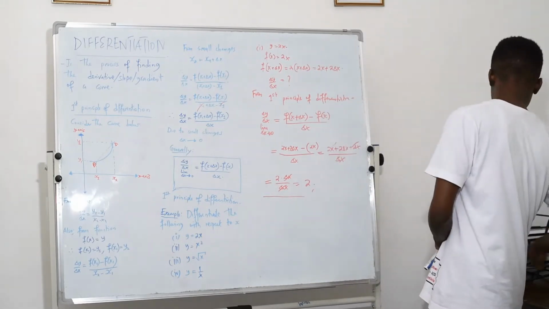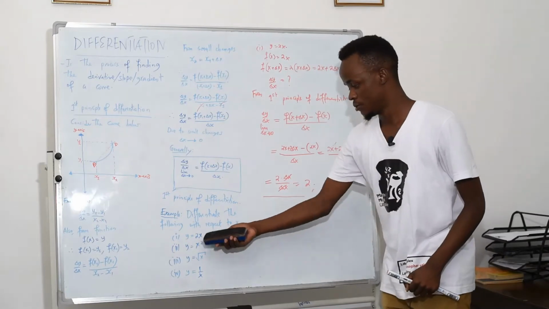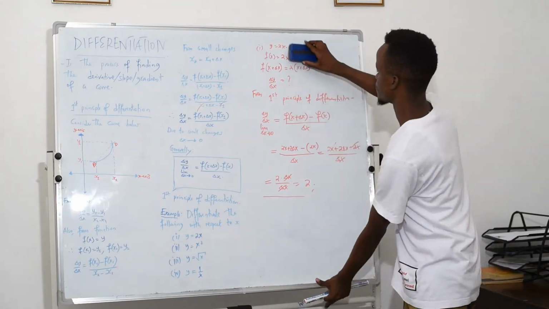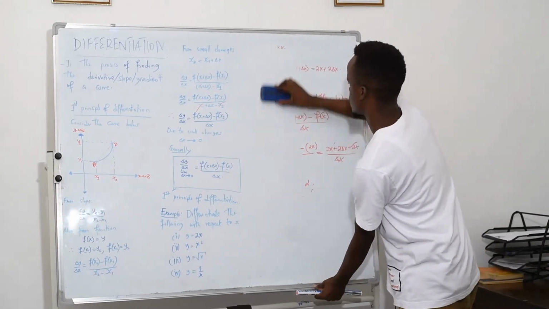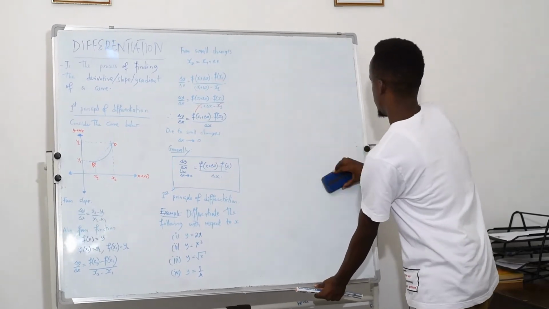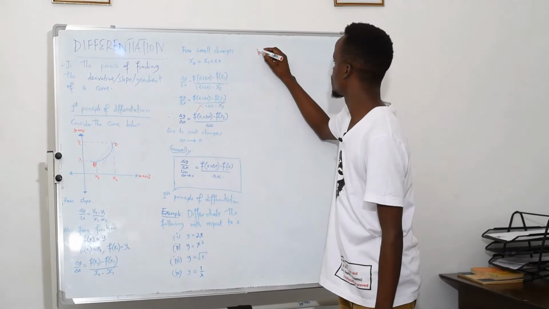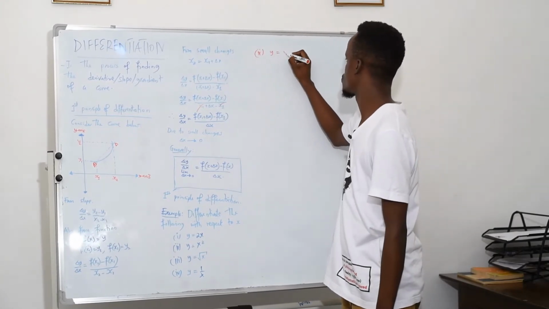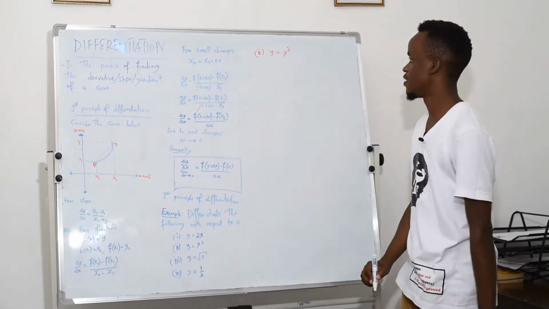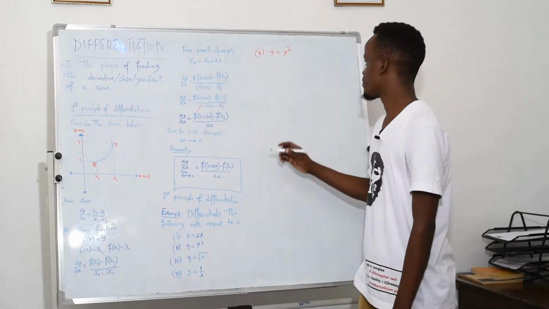Therefore, let us move to Roman 2. Roman 2, you have to find the derivative of y equals x squared.